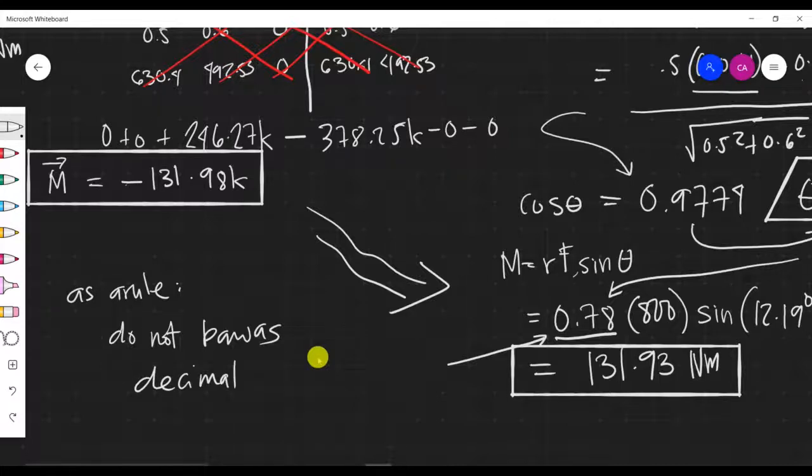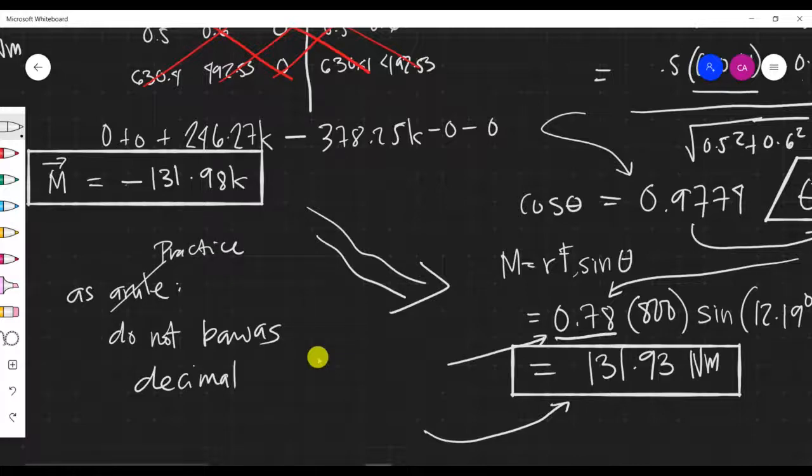Sa akin kasi, pag nagtuturo ko sa civil engineering, hindi ko talaga pinapabawasan yung mga decimal. As in buo. Kung kailangan 7 yan, 7 dapat yan. Doon ka lang sa final answer pwedeng magbawas. Pero sa inyo, pwedeng gawin yung practice na lang, hindi rule.